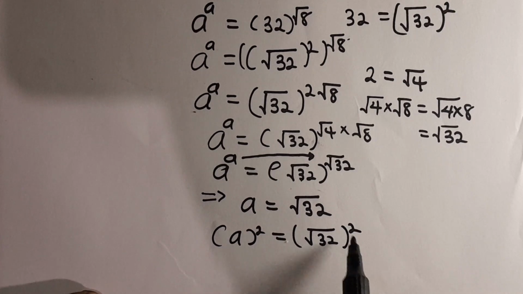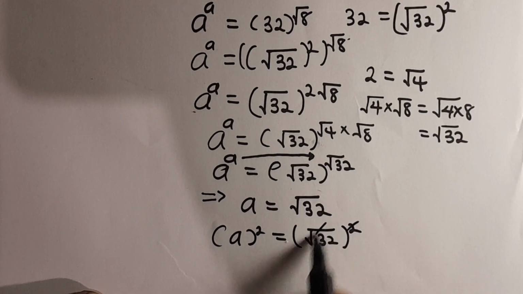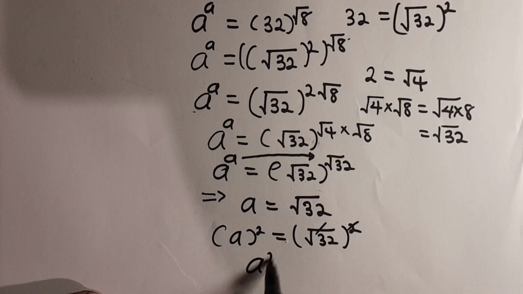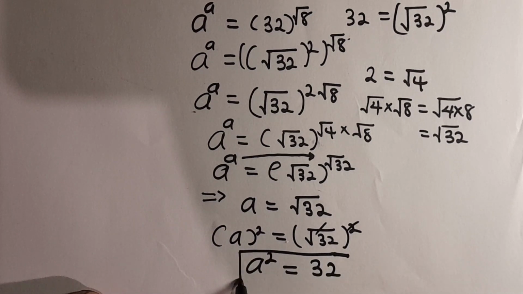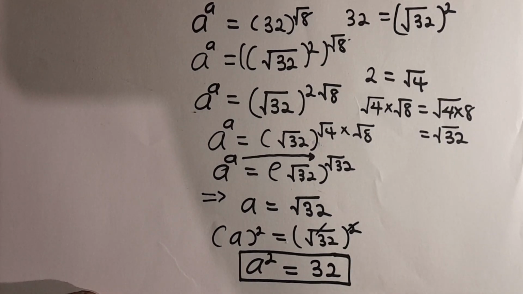So from here, this will cancel this out. We are going to have our a square to be equals 32. And this is the value for a square.